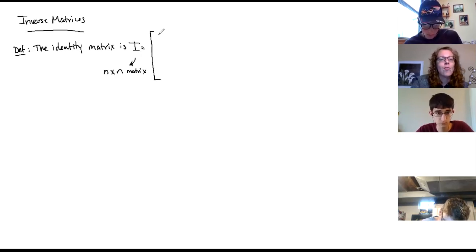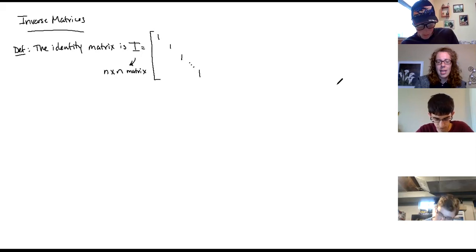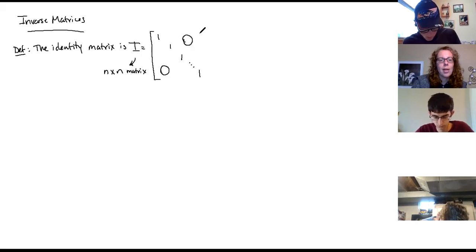It is going to have ones on what's called the main diagonal, and then it's going to have zeros everywhere else. So I'm going to draw some big gigantic zeros and assume that you know what I mean. Ones on the main diagonal and zeros everywhere else.